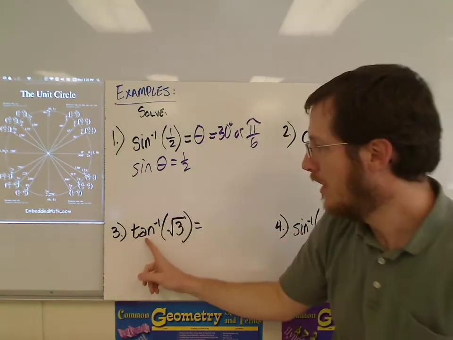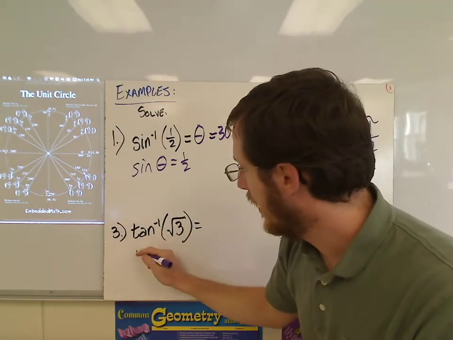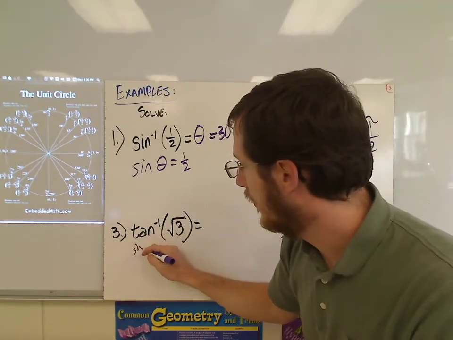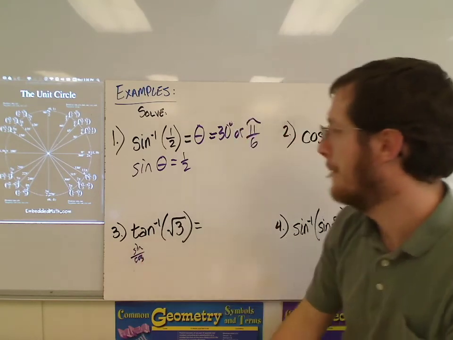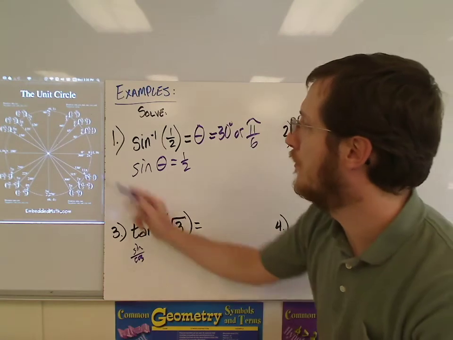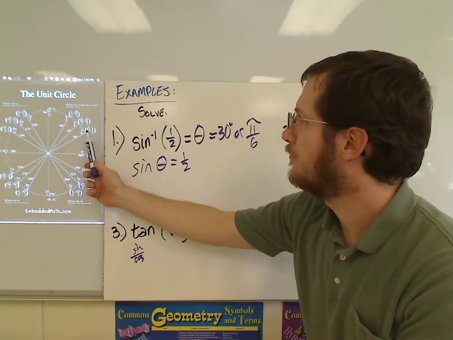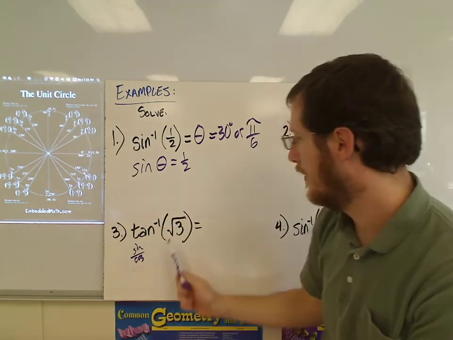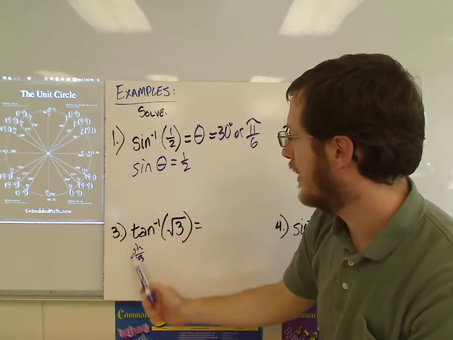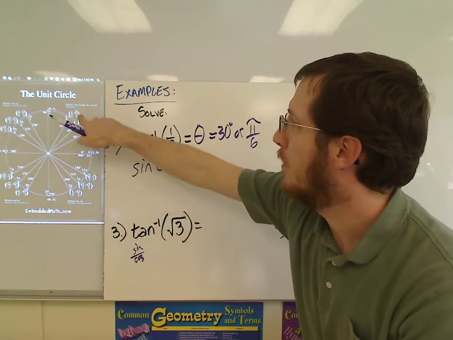Okay, number 3, inverse tangent of root 3. Remember, tangent is sine over cosine, so we're looking for some ratio that gives us root 3. I'm definitely looking at my 30 and my 60 degrees. If it's sine over cosine, then I probably want my root 3 on top.